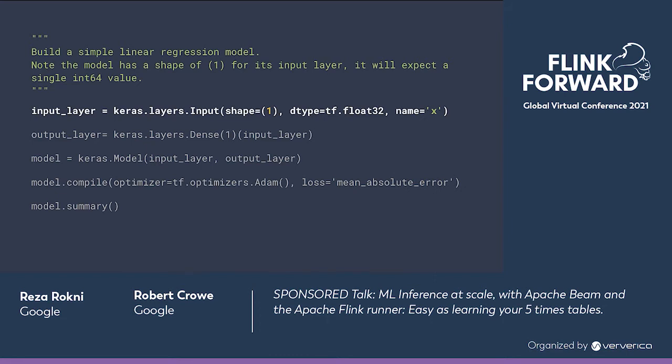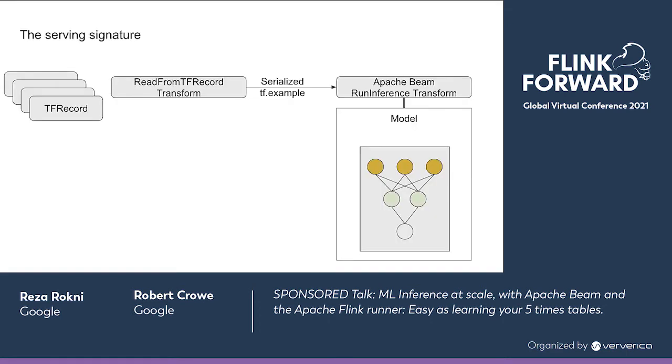So rather than just sending floats, we're going to serialize them in this well-known format. Next slide, please, Robert. And that is as tf.examples, which is commonly used with TensorFlow. These tf.examples are going to be serialized and live within a TFRecord, which is just a container that contains the examples, and that is then sent to the model.